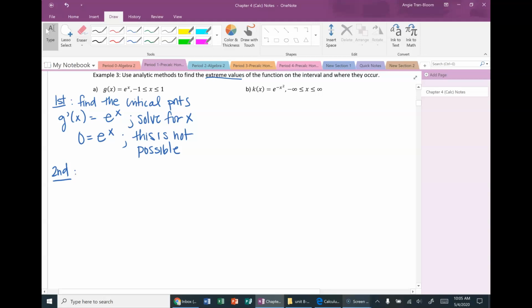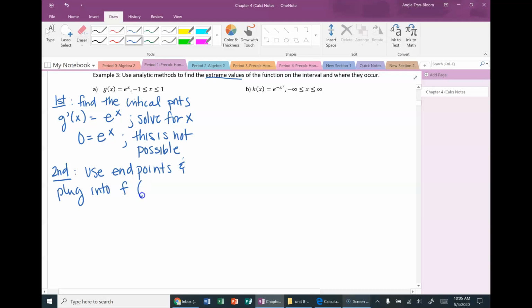If it's continuous, the endpoint could also be the min or max. So second, we want to use endpoints and plug into your function f or g or h, whatever it is.